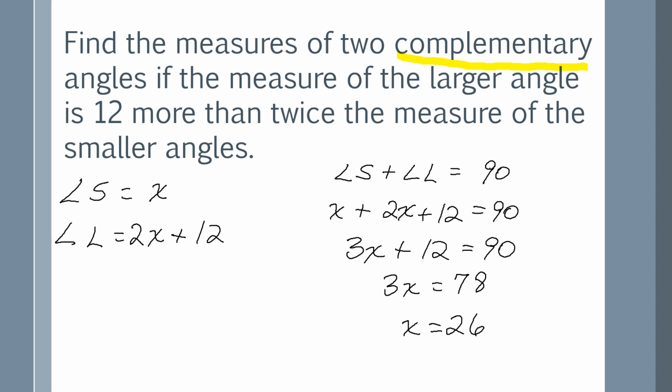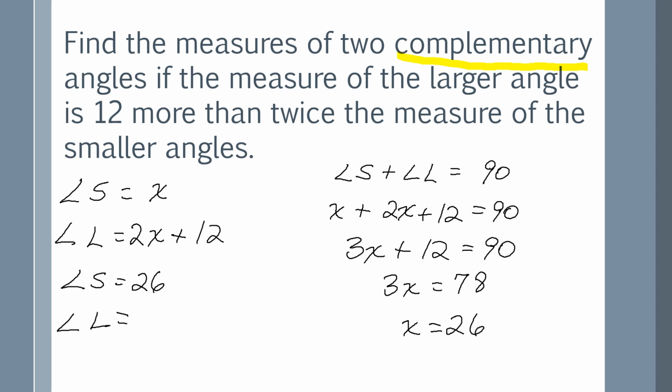So the measure of my smaller angle is 26. The measure of my larger angle is 2 times 26, which is 52. 52, right? Is that correct? Let me make sure. Yeah, 2 times 26 is 52, yes.